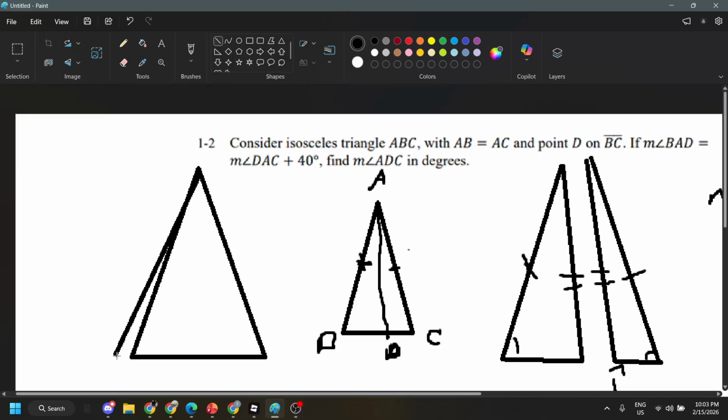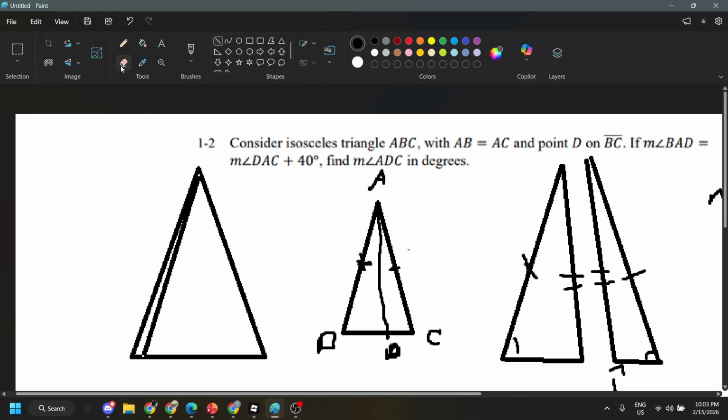How are we supposed to do this? Because this could literally be anything. From what I see, measure BAD is equal to measure DAC plus 40. We're just told how much more this is than this.